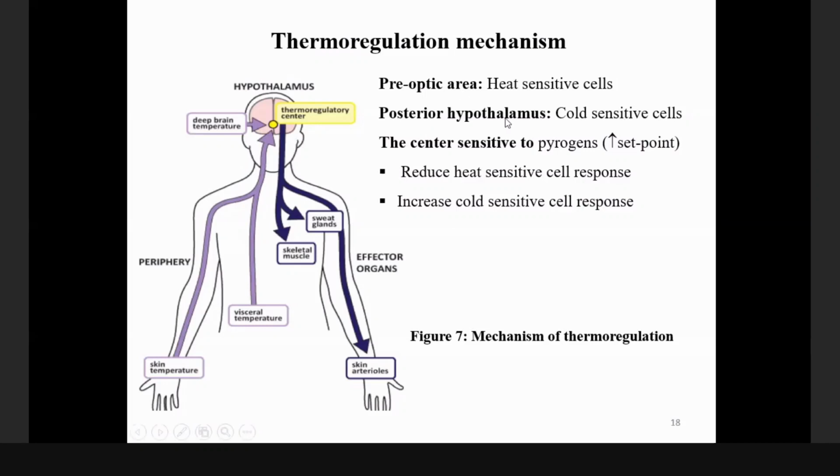The next is when your body temperature gets less, like if you are exposed to a cold environment, or whatever the changing factor. Assume your body temperature is reduced.